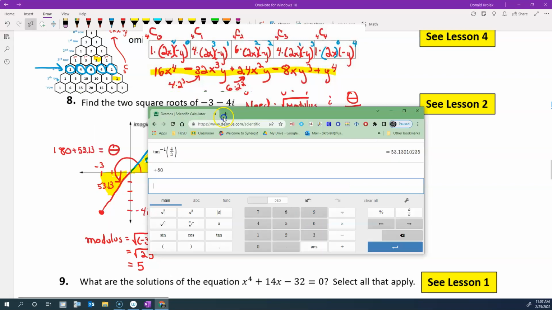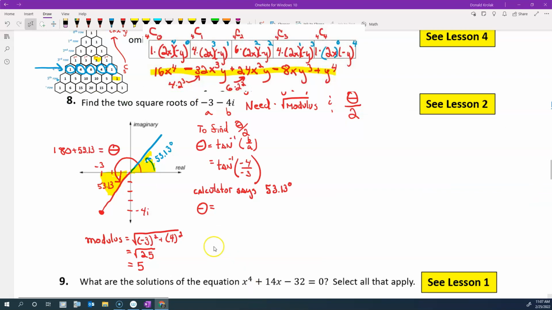Whoops, I did the wrong thing. I'm going to add 180. So let's do that. 233.13.